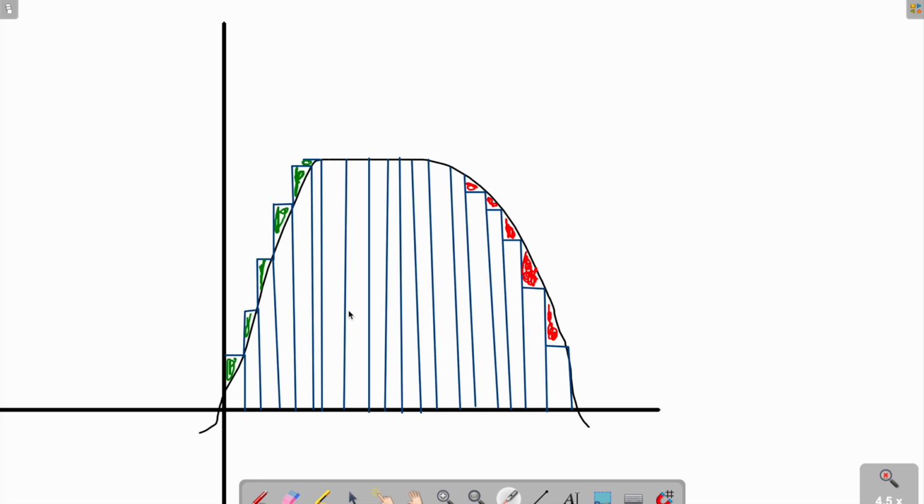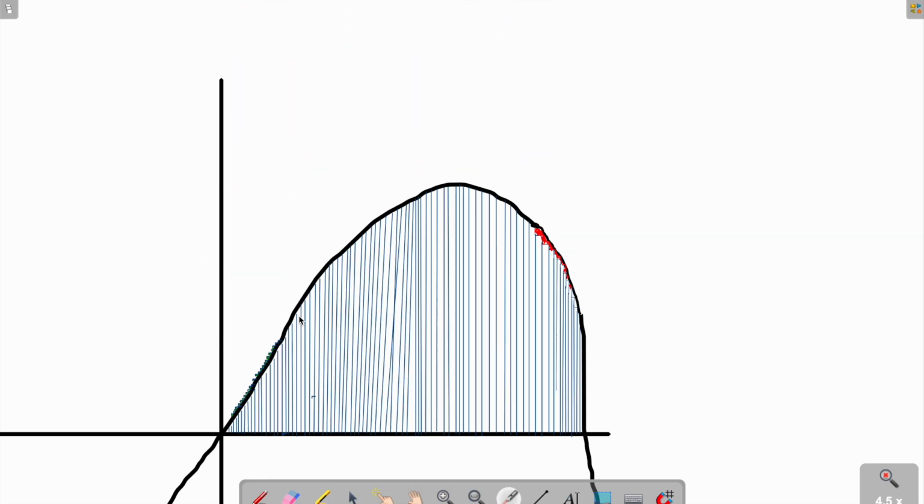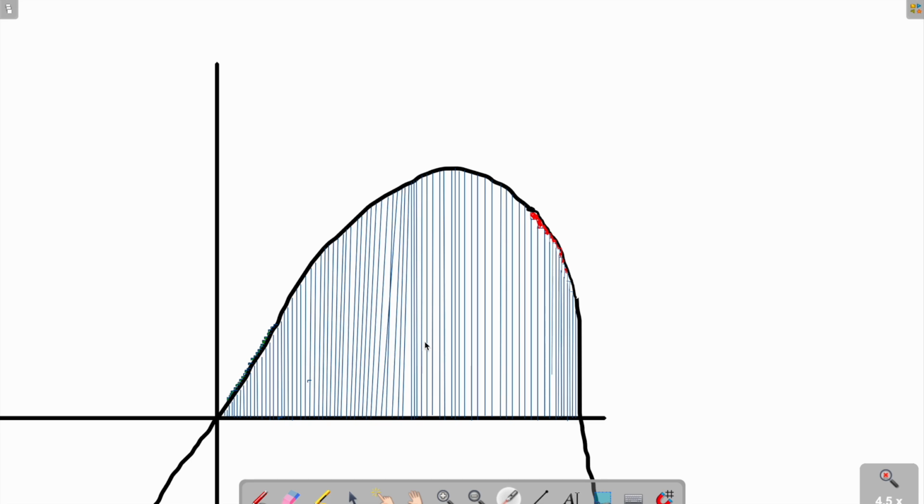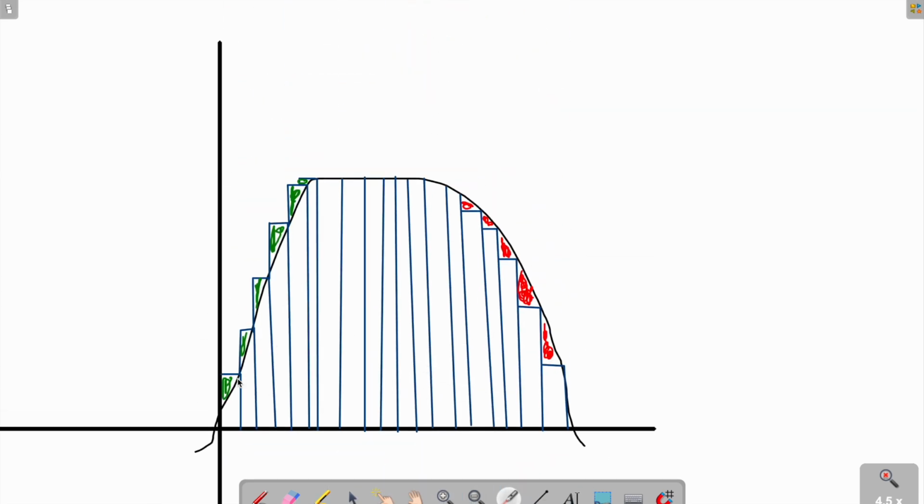When we have a smaller amount of rectangles, as can be seen here in comparison to here, which we will get to later, we can see points where there is overestimation of the area, as highlighted by these green shaded areas, and there are also points where there is underestimation, seen here. So this is when we have fewer rectangles.